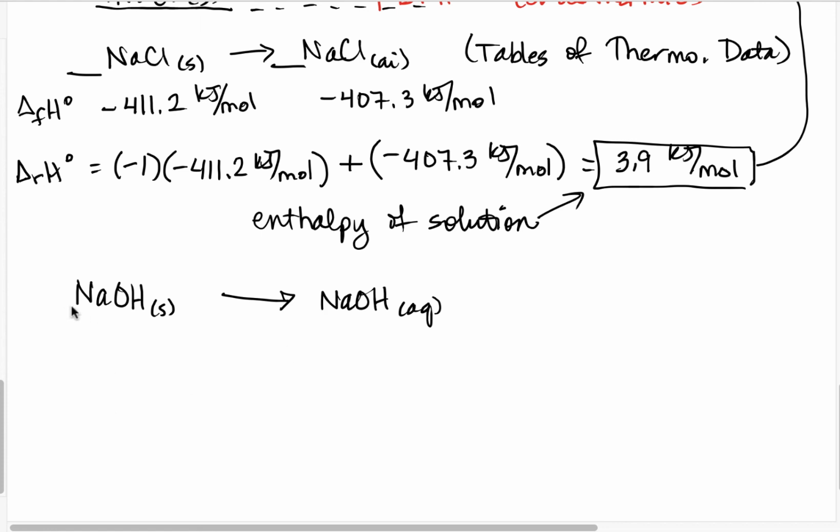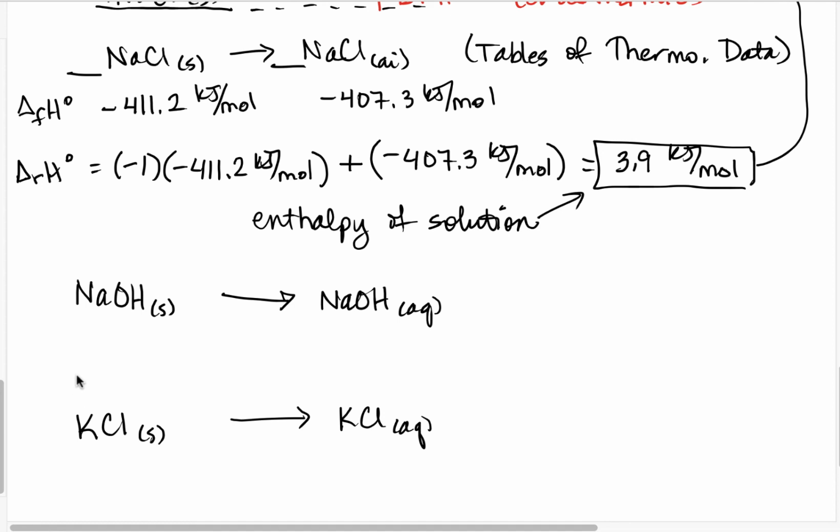So let's go ahead and calculate the reaction enthalpy, the enthalpy of solution, to take solid sodium hydroxide to aqueous sodium hydroxide, and also for KCl, potassium chloride, to be dissolved. We didn't have too many different options in our tables of thermodynamic values, and so if we have some other calculations that we're going to do, we're going to need to look them up elsewhere. All right, so pause the video and do these calculations, and let's see what happens.